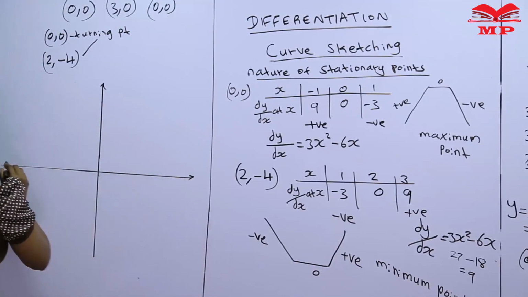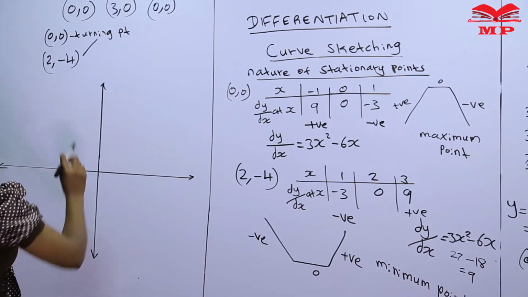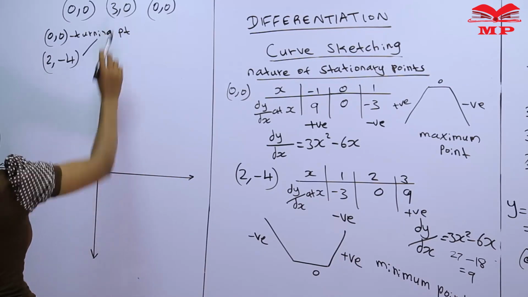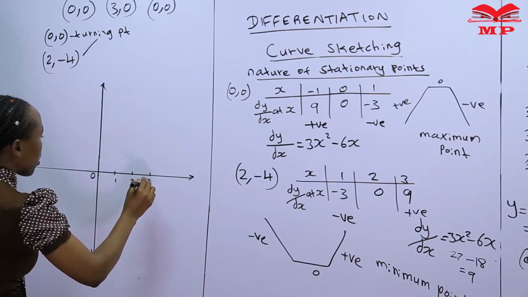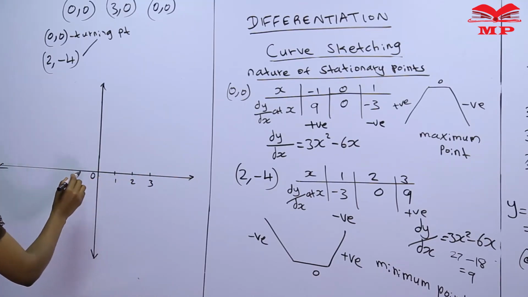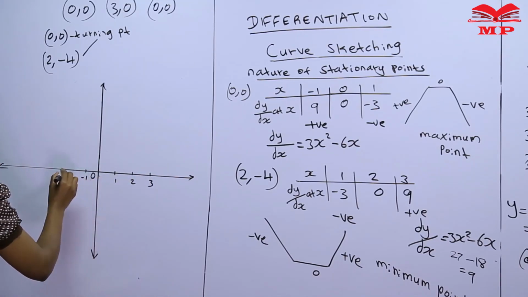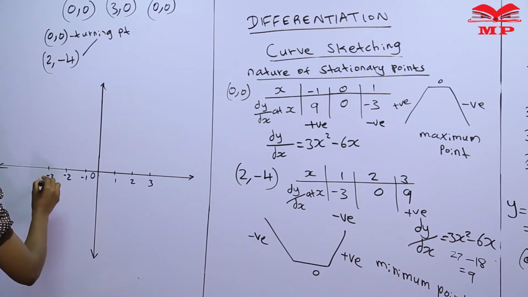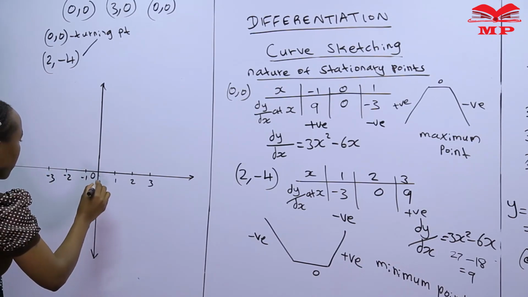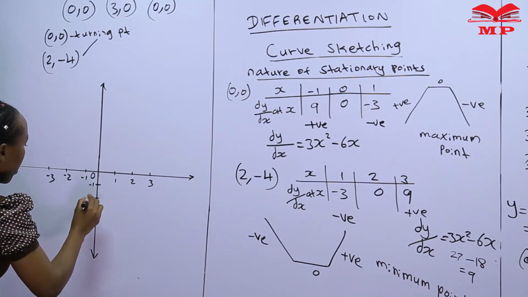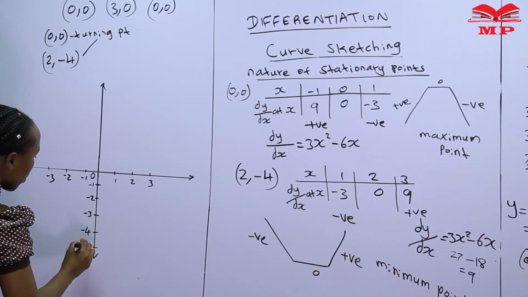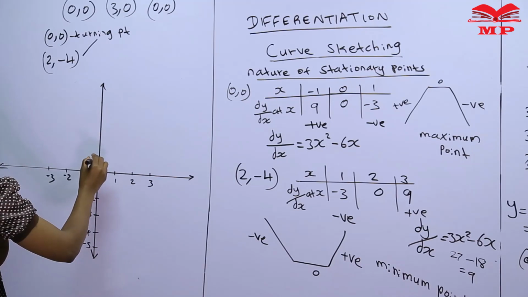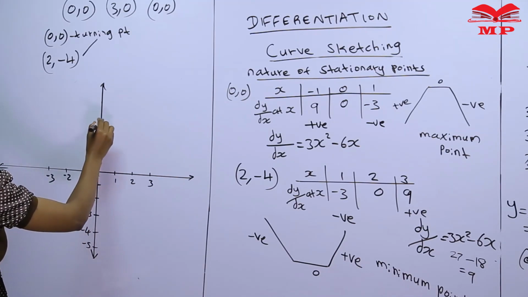So we can have on the x-axis, we have the highest 3, so we have 0, 1, 2, 3. Then we have negative 1, negative 2, negative 3. Then on the y-axis we have 0, we have negative 1, negative 2, negative 3, negative 4, negative 5. We have 1, 2, 3.